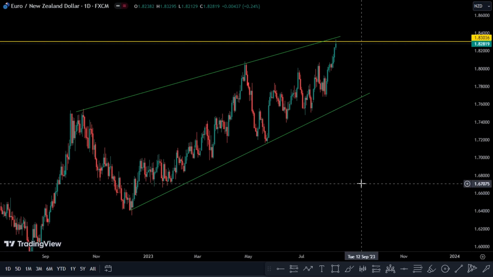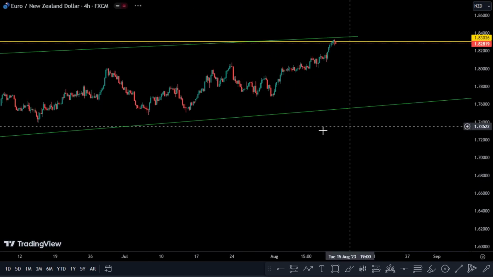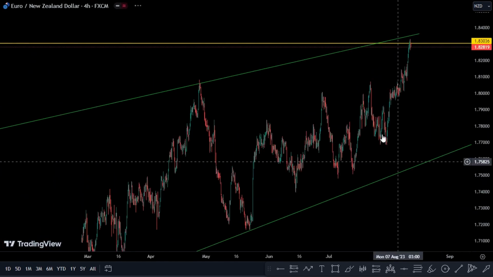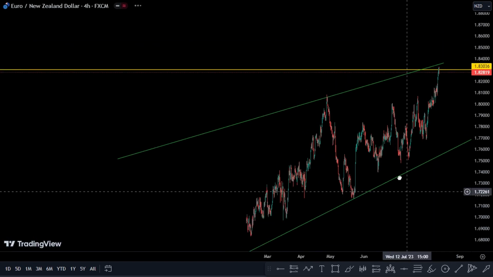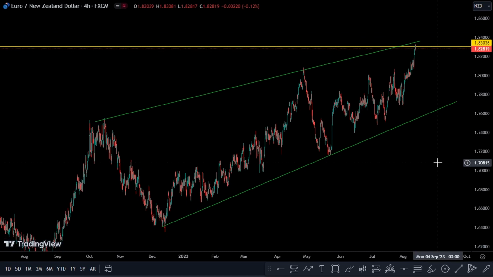That is what we can easily see from a daily time frame. Then we switch to a 4-hour time frame, and making use of the time frame confluence is for you to position yourself in the best possible way so that you can properly profit.